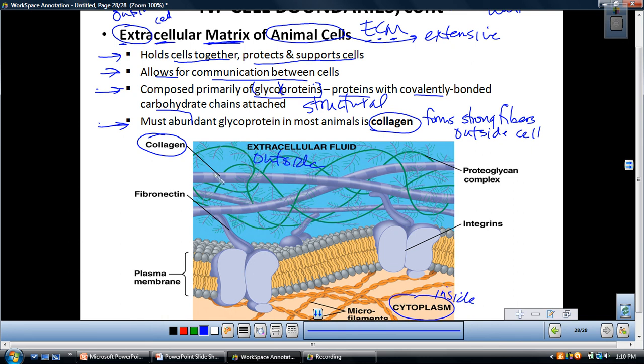So you see the collagen fibers going across, but there's more than just collagen. There are other glycoproteins, such as this one called fibronectin. There's also the proteoglycan complex, which are proteins and sugars that are coming off of collagen, which are extensive like this. So it's a very extensive network outside of the cell.